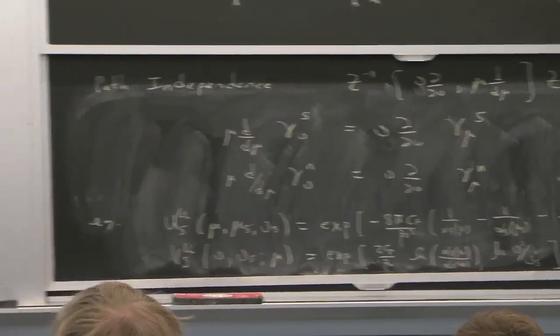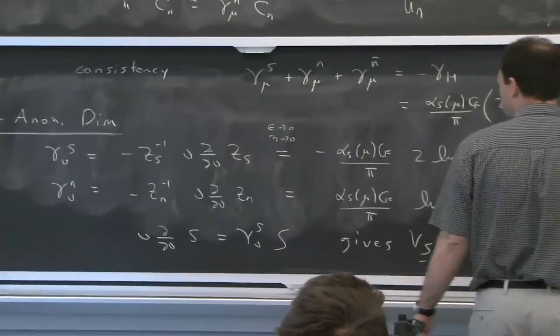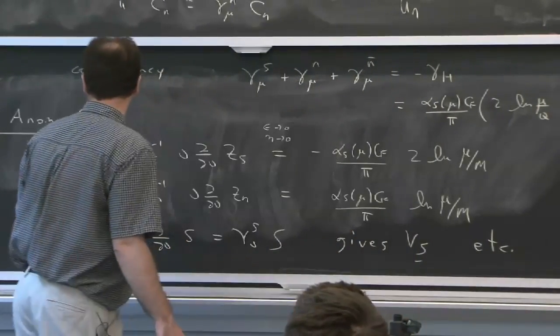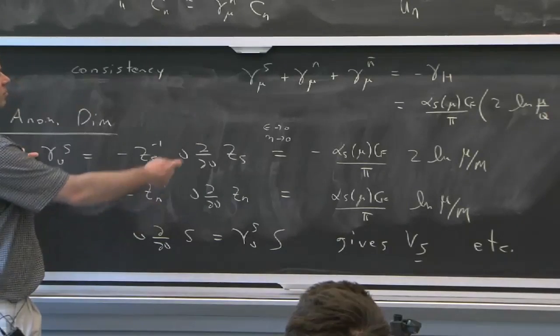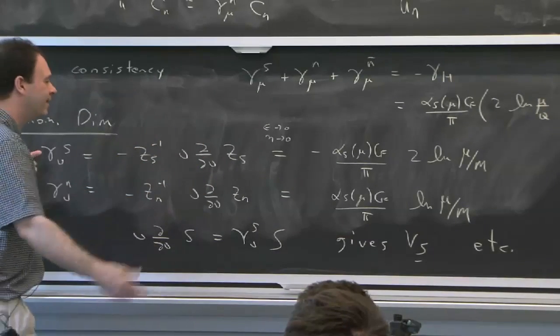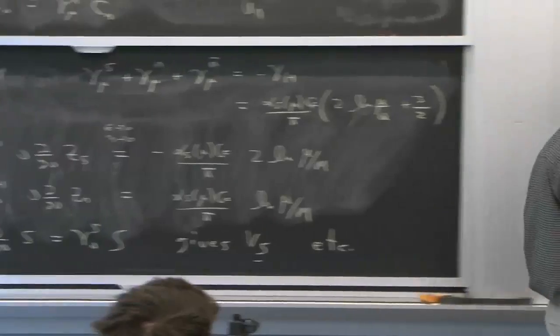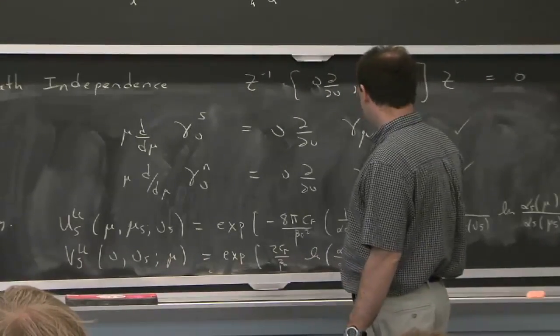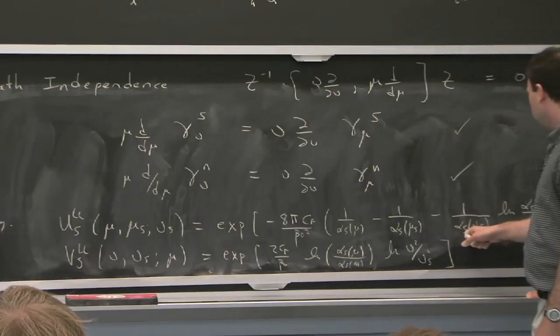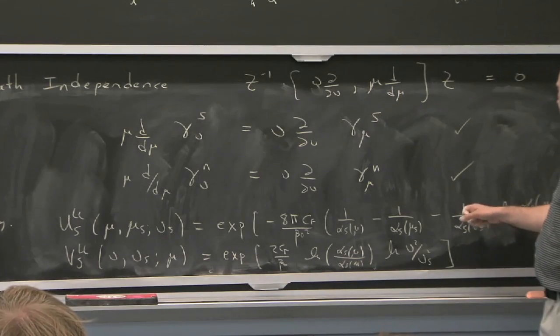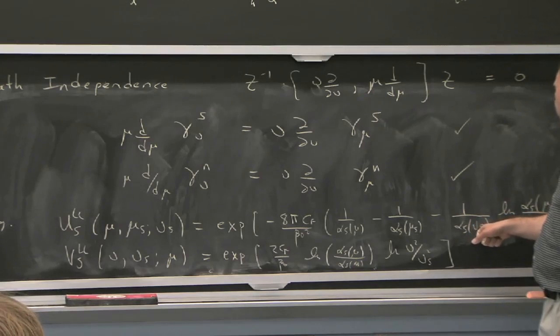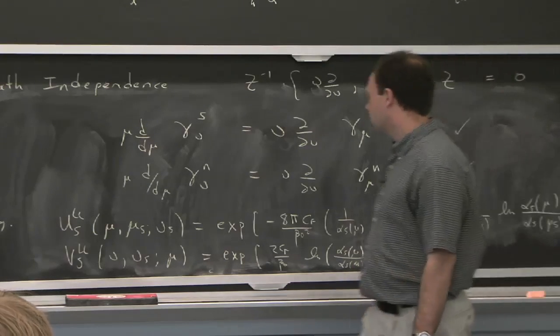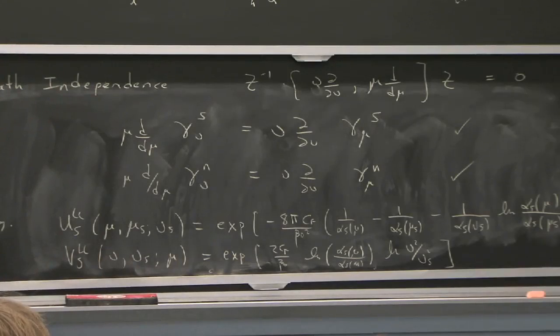Because the RGE just has alphas of mu. And so if you like, when you're solving the nu anomalous dimension, this equation is very easy to integrate because there's no nu's on the right-hand side. You just get a log of nu. And that's why we have this kind of simple log nu here. Here I wrote 1 over alpha of nu s, but I could have written that back in terms of a log. So it really isn't. That was just convenient to make it a simpler formula.